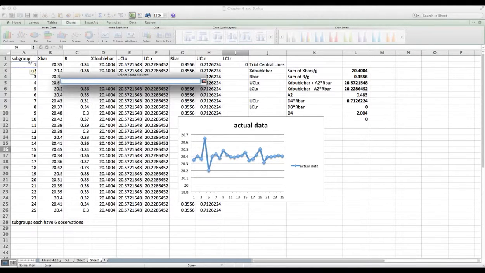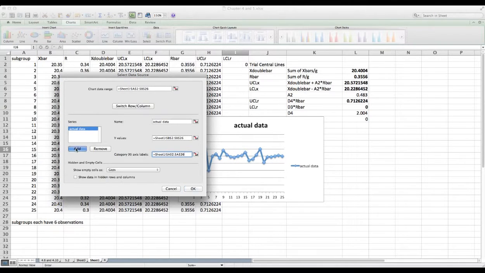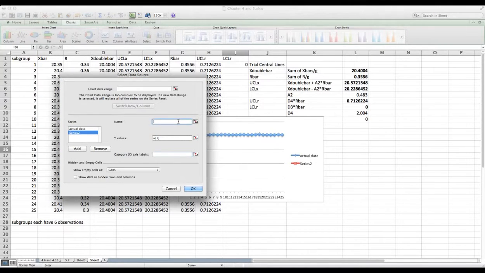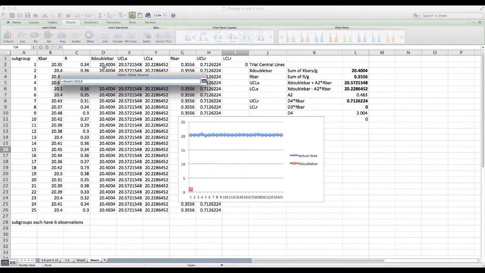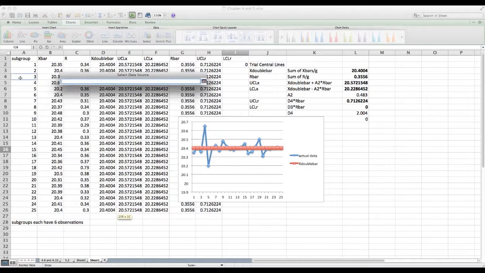Okay, the X-axis is subgroup. Okay, we're getting there. Now I want to add, let's do the X double bar. Okay, got that. Put in subgroup.